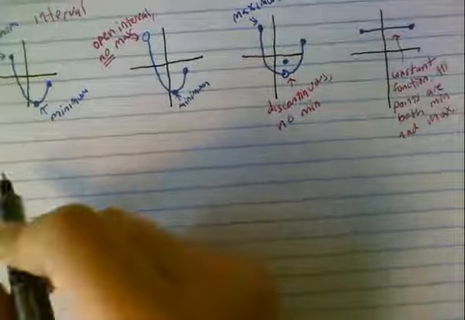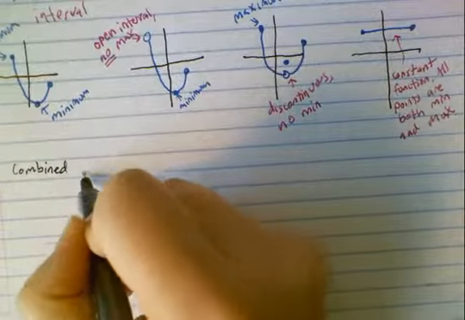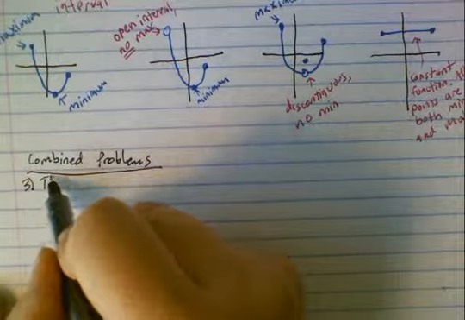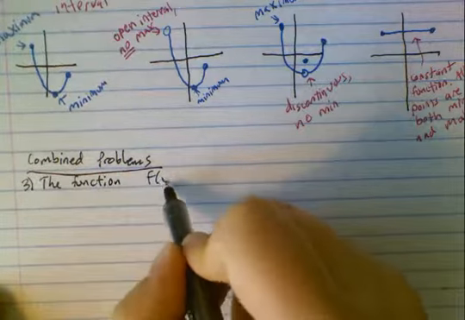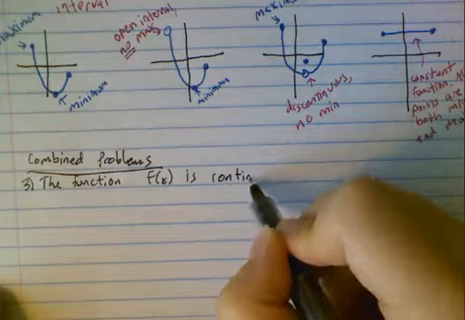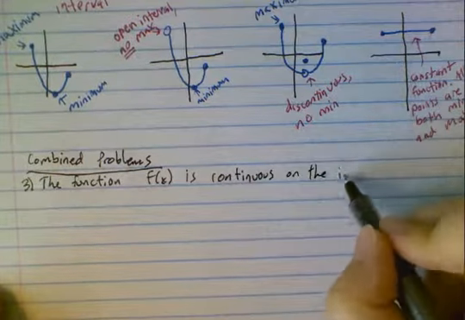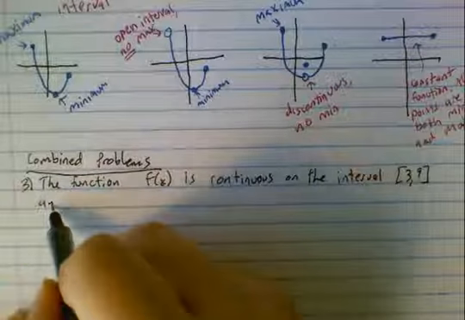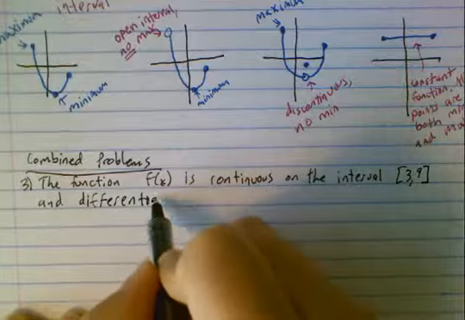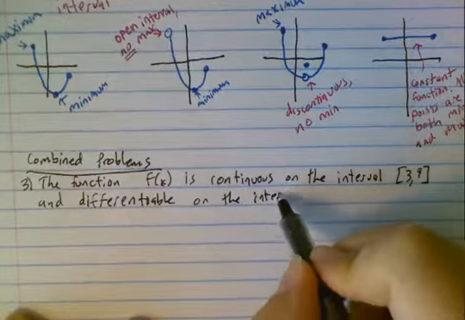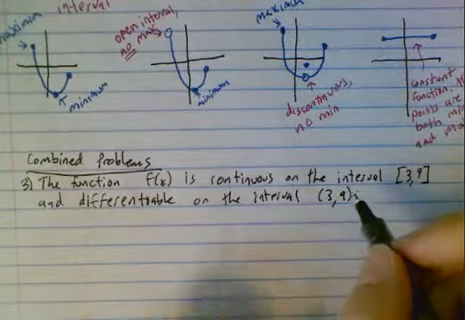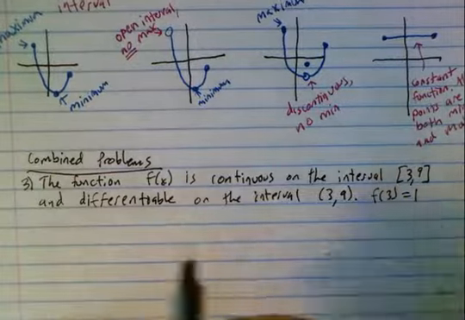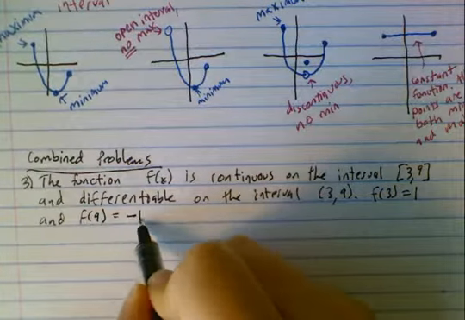Okay, let's look at some problems that combine all three. The function f of x is continuous on the interval 3 to 9 and differentiable on the interval 3 to 9, an open interval. f of 3 equals 1 and f of 9 equals negative 1.